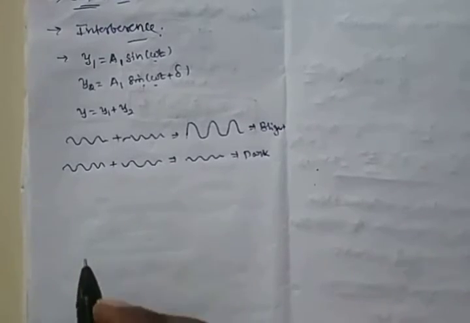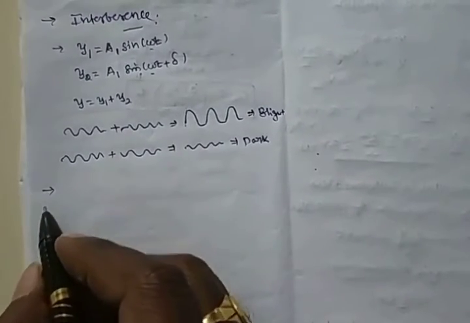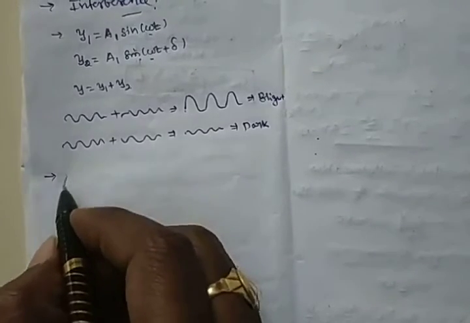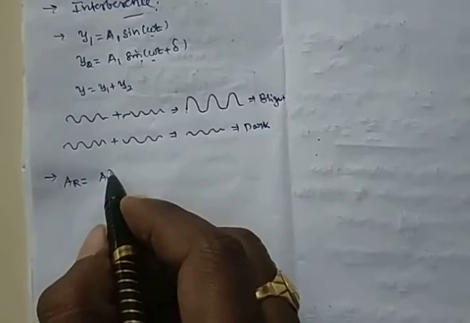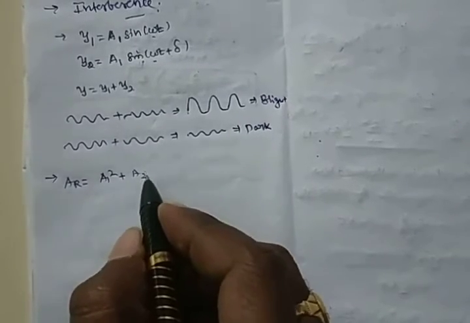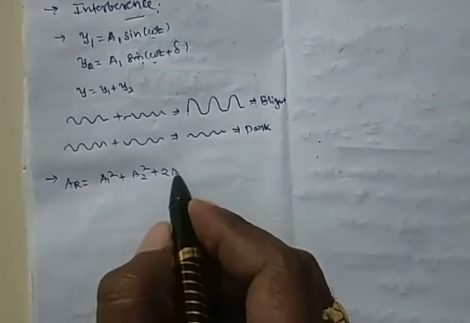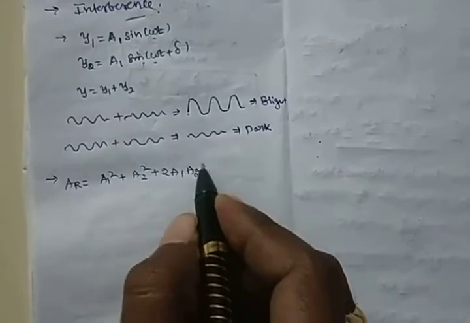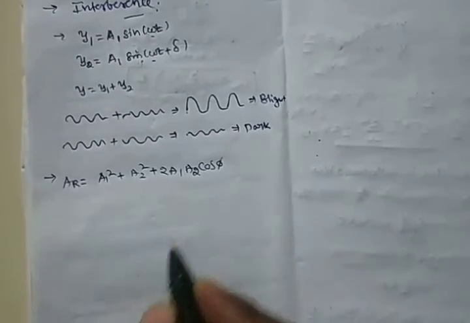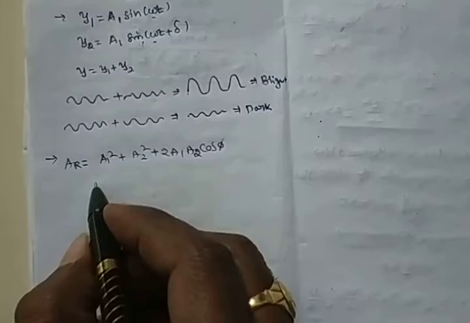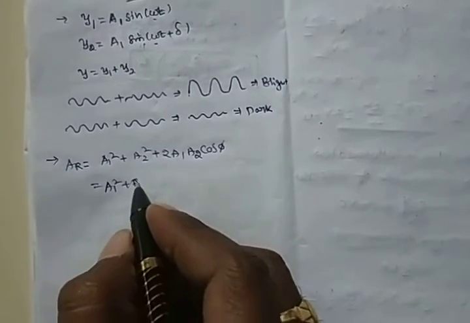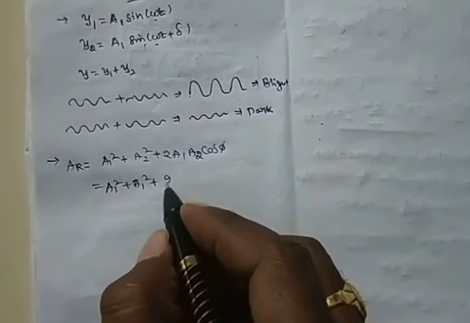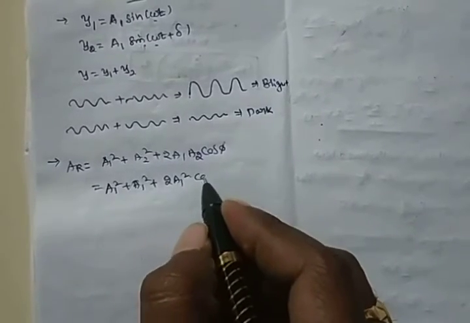Now, to get the resultant amplitude, apply the parallelogram law: a1 square plus a2 square plus 2a1 a2 cos phi. Now the amplitude is the same, so a1 square plus a2 square is nothing but a1 square plus a1 square, plus 2a1 square cos phi.